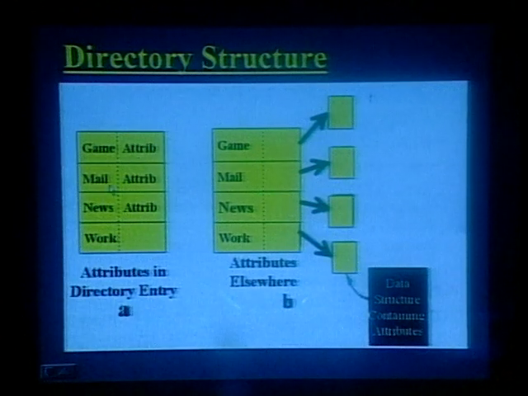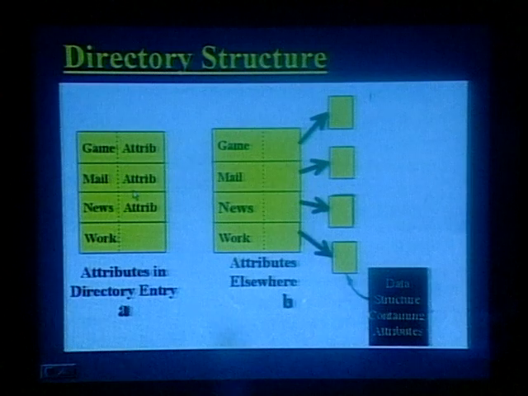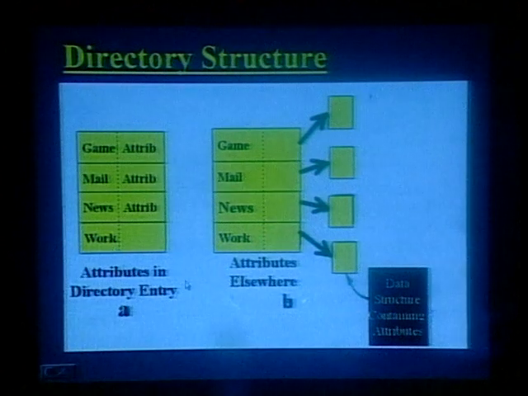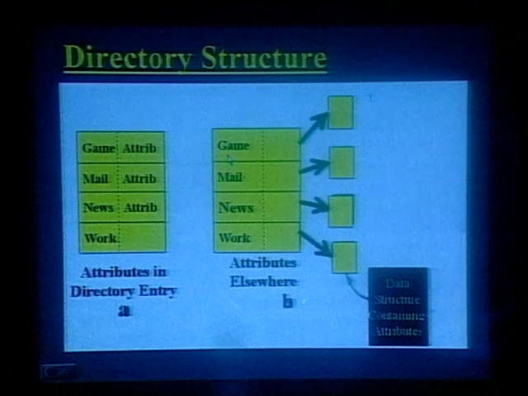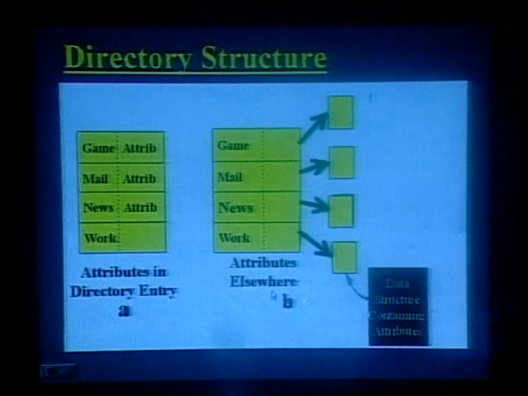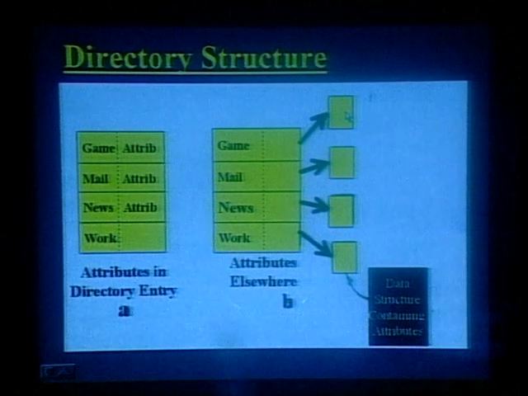Similarly, the attributes of the mail directory are also within the same directory, and likewise for news and work. An alternate structure could be, as we see here, that the name of the file is in that particular directory file, but the associated attributes are elsewhere. The data structure containing attributes can be somewhere else, not necessarily within the same directory.